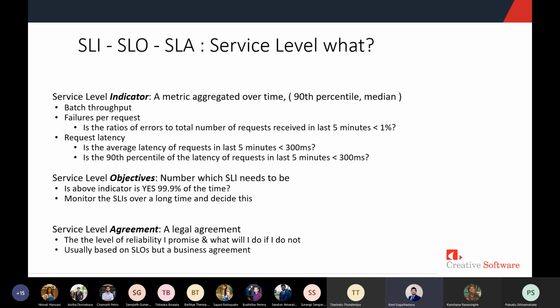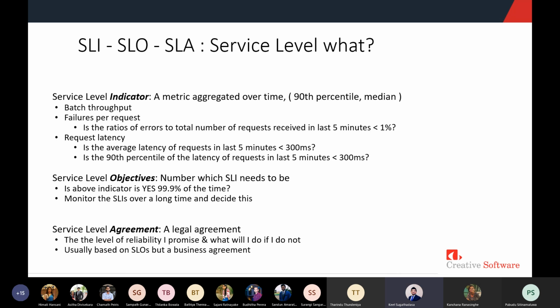Then we'll talk about service level objectives. This is SLOs, the second concept. SLOs are based on what you defined above as service level indicators. You have to give a number: what percentage of time do you expect the system to perform according to a service level indicator.